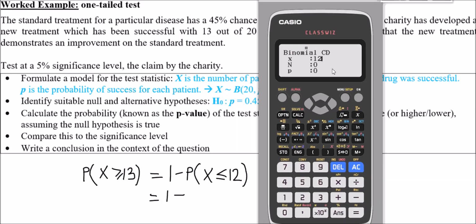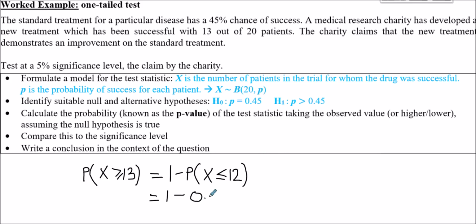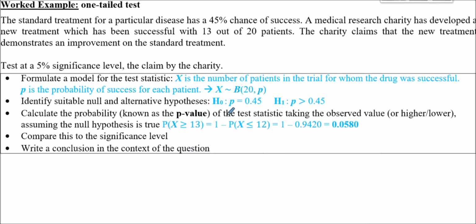So x, 12 out of 20 patients, 20 trials, our probability, assuming H0 to be true, is 0.45. This gives us 0.94196, so to 4 decimal places, 0.9420. And that gives us 0.0580. So that's the third bullet point done there.